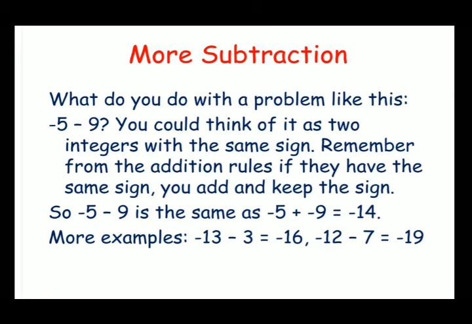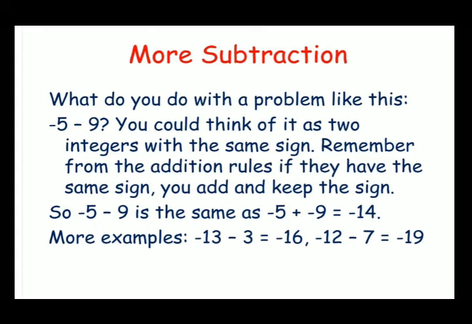Now more subtraction. What do you do with a problem like this? Minus 5 minus 9. You could think of it as two integers with the same sign. You can see minus 5 and minus 9. So remember from the addition rules, if they have the same sign, you add and keep the sign.